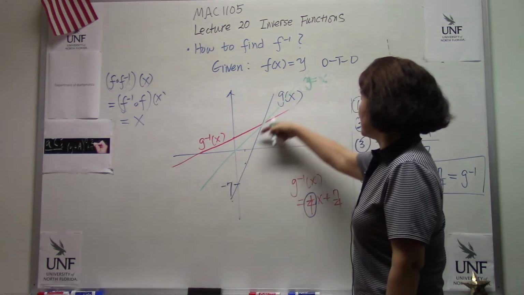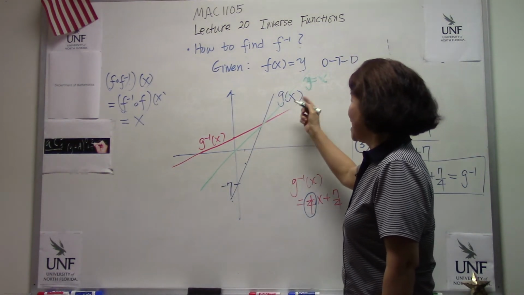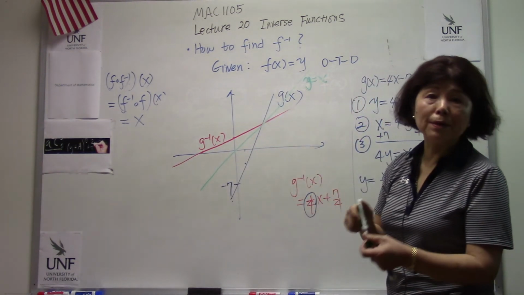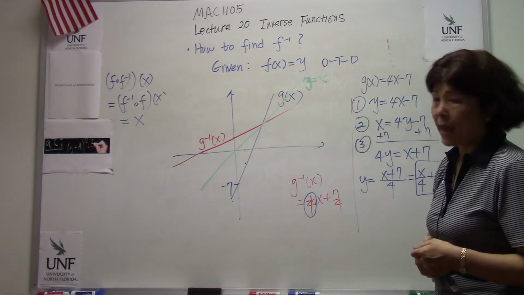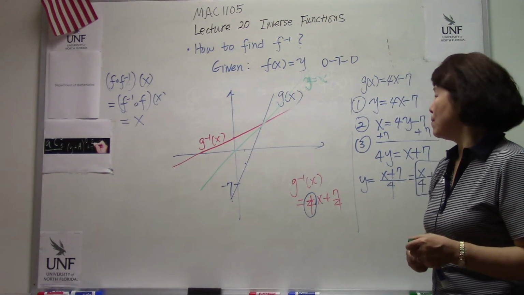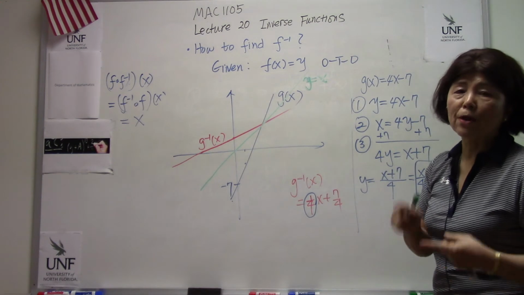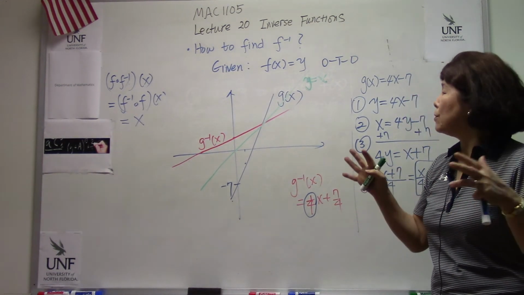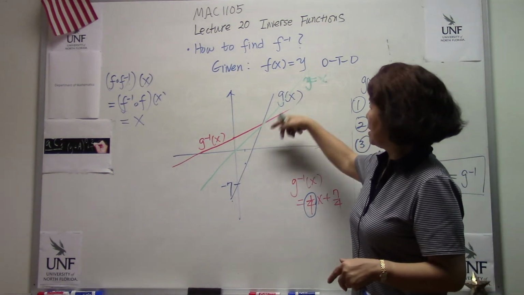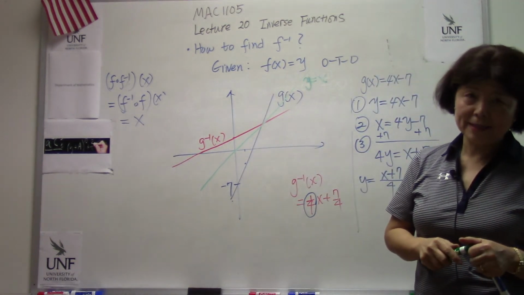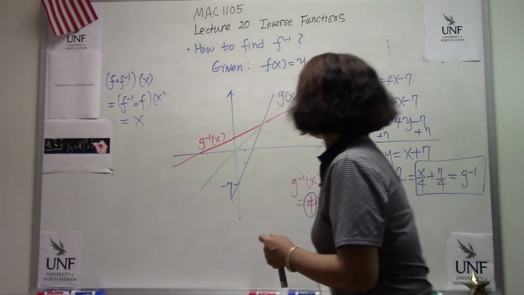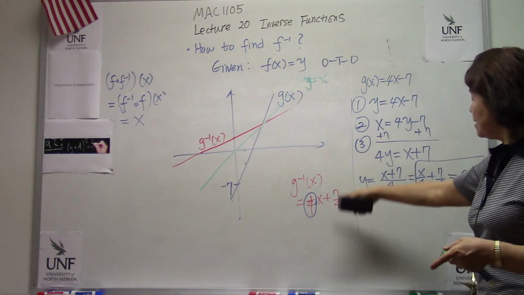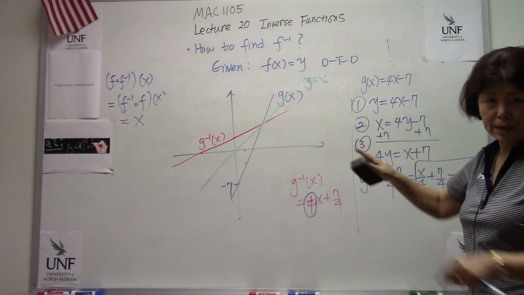These two graphs are symmetric about the line y equals x. Is it just a coincidence? No. Always, when you have a graph of a function and the graph of its inverse, those two graphs will be symmetric about the line y equals x. And in particular, when you have a straight line, the slopes are reciprocals.